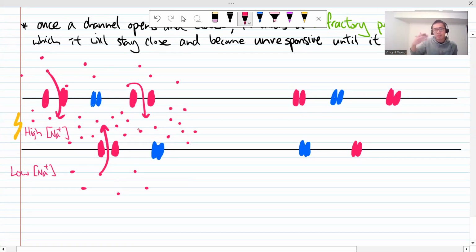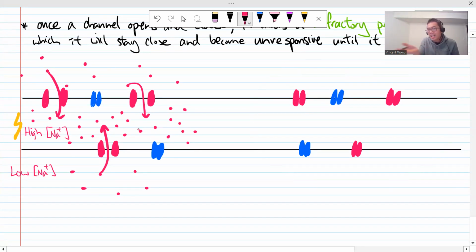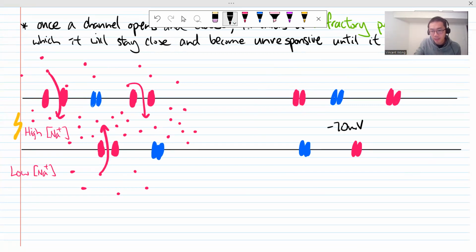It causes the potential to become minus 60, and then the channels are open. But further down the axon, it is still minus 70. The lightning bolt hasn't reached this part yet, and so the sodium channels are still closed. It is still the same as the beginning.